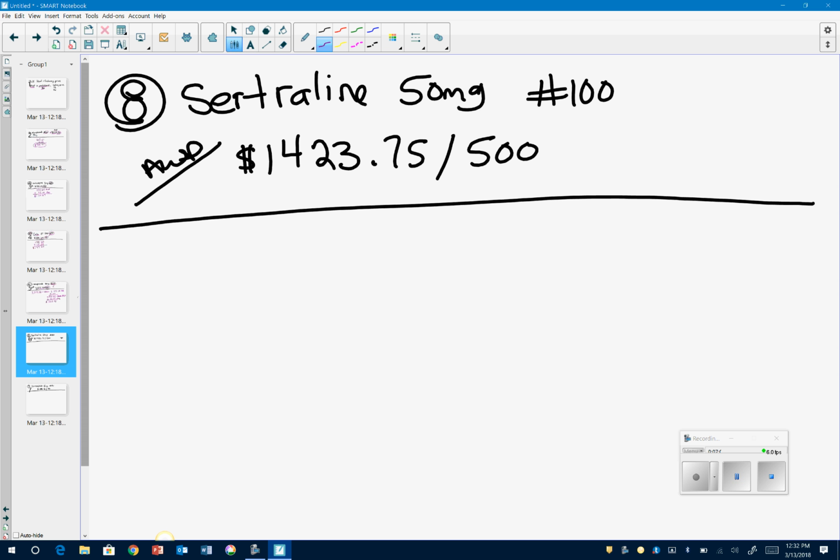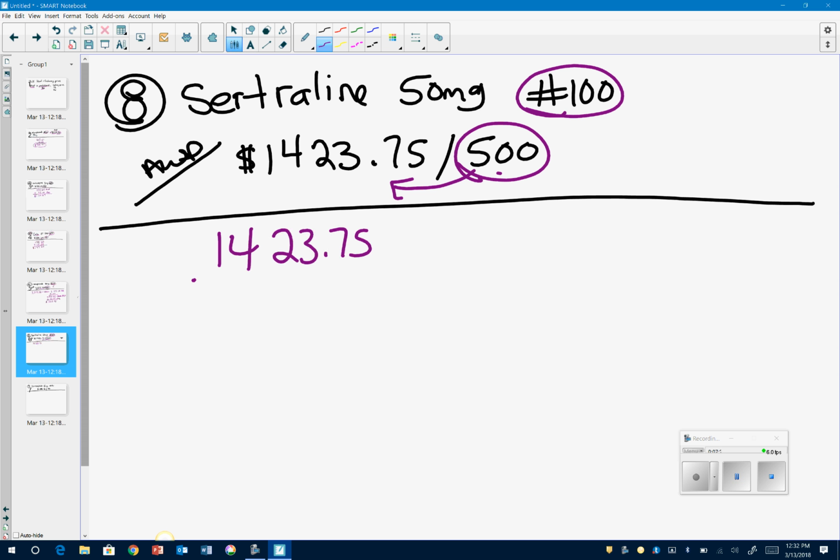Okay, next you have number 8 here. Again, you have a different number for the AWP versus how many you want. So the prescription is written for 100 tablets, but the AWP price is for 500. Okay, so again, you just divide $1,423.75 by the number of tablets, by 500. And by doing that, you're getting the cost per each single tablet.